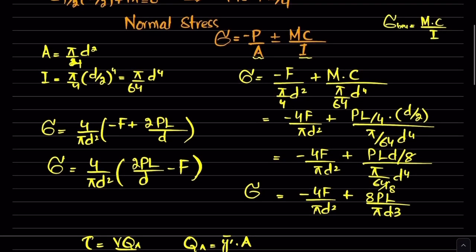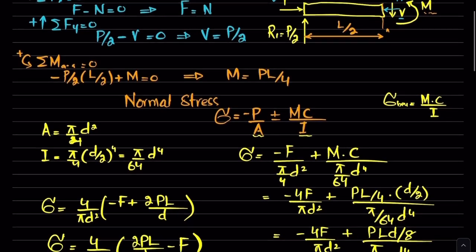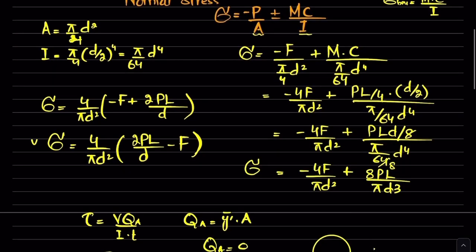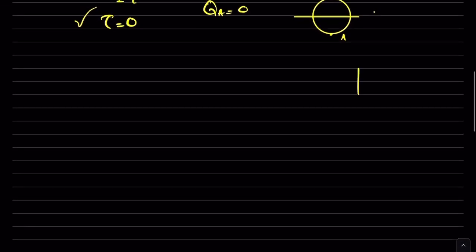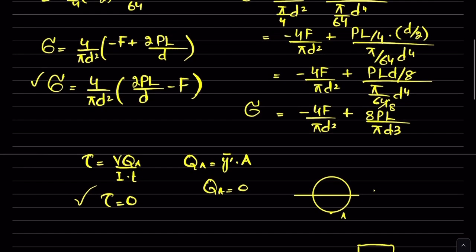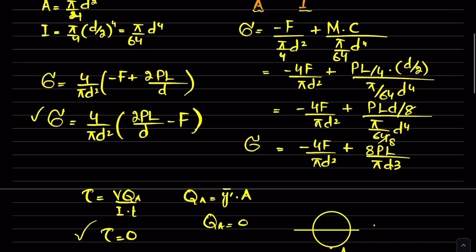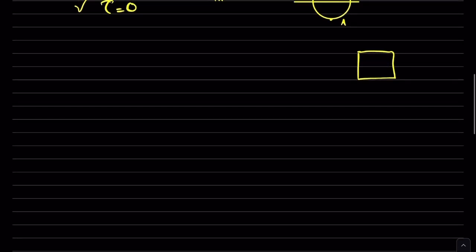Now we have only normal stress sigma and shear stress is 0. So if I draw a state of stress like this, clear? So the normal stress which is given as this one, that is positive. So let me draw it. This is the normal stress. There is no stress in y direction.